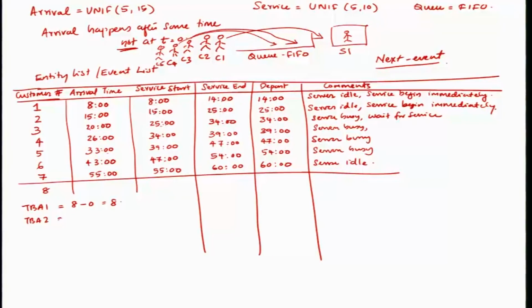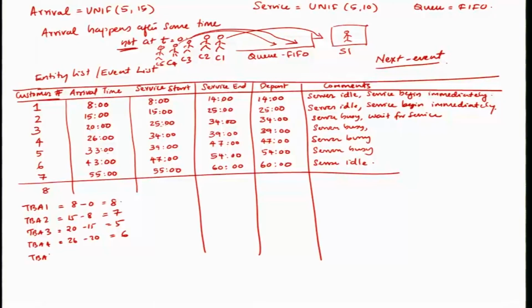TBA2, time between arrivals, that is 15 minus 8, so that will be 7. TBA3, time between arrival 3, that will be 20 minus 15, that is 5. TBA4, time between arrival 4 will be 26 minus 20, that is 6.